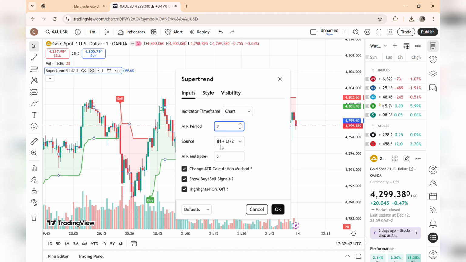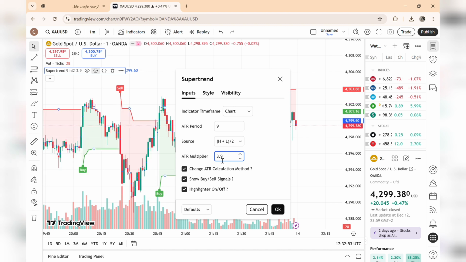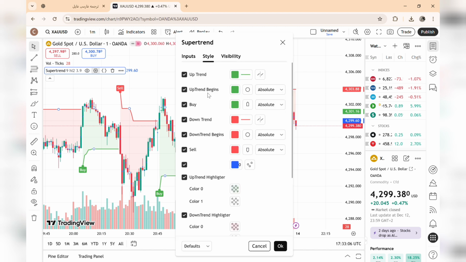And also I will mention the name of the indicator in the description of this video. And we change these settings completely. In input tab, style tab also, which we have some changes.